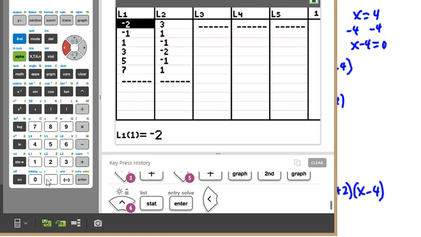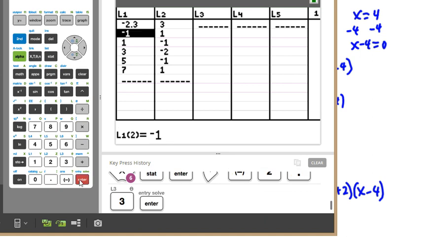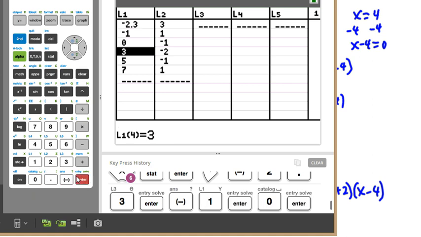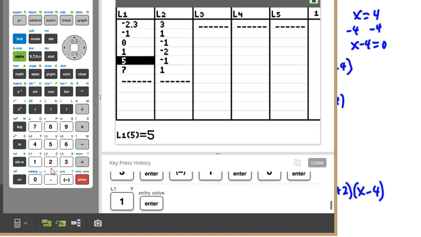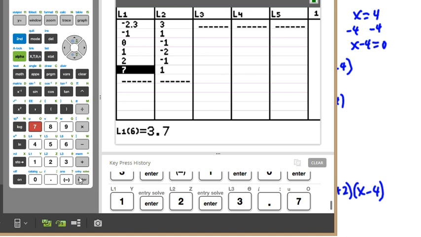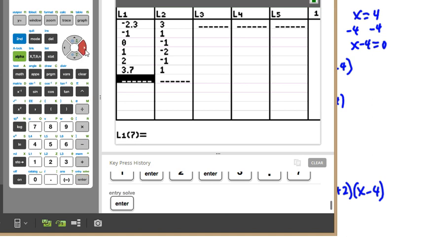So we have negative 2.3, enter, negative 1, enter, 0, enter, 1, enter, 2, enter, 3.7, enter. This is as accurately as I can read this from the graph that I have.